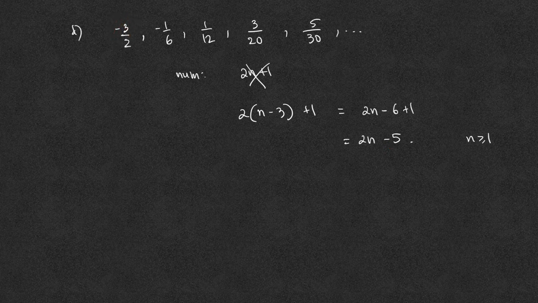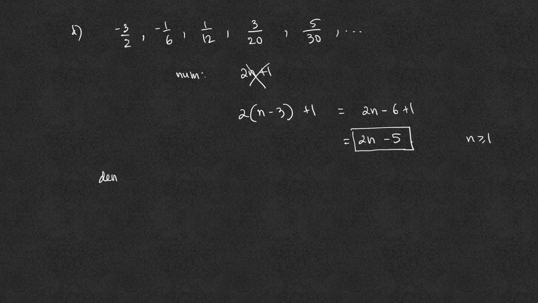When n equals 2, 2 times 2 is 4, 4 minus 5 is negative 1. When n equals 3, 2 times 3 is 6, 6 minus 5 equals 1, and so on. So the formula for the numerator only is 2n minus 5 when n starts with 1.